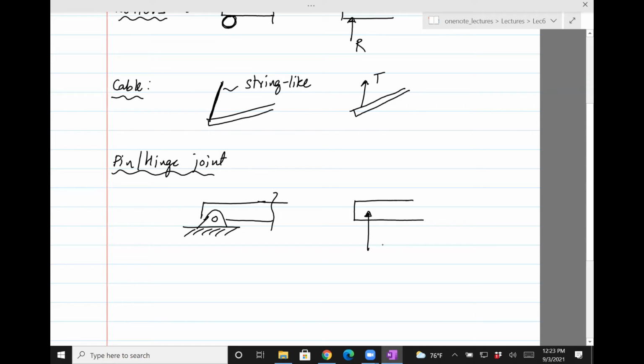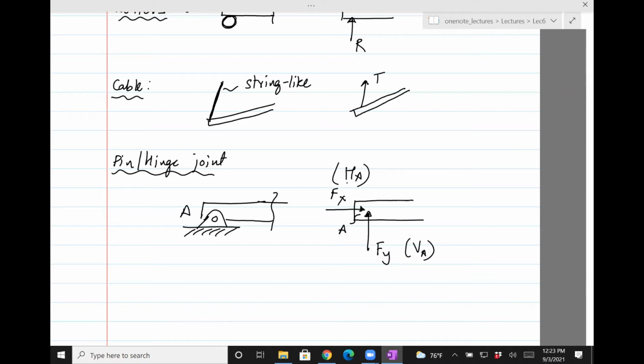One would be in the vertical direction and one in the horizontal. I like to call these V, denoting the vertical force, and H. If this point is A, then I typically call them VA and HA, to denote the force at A, with H for horizontal and V for vertical.